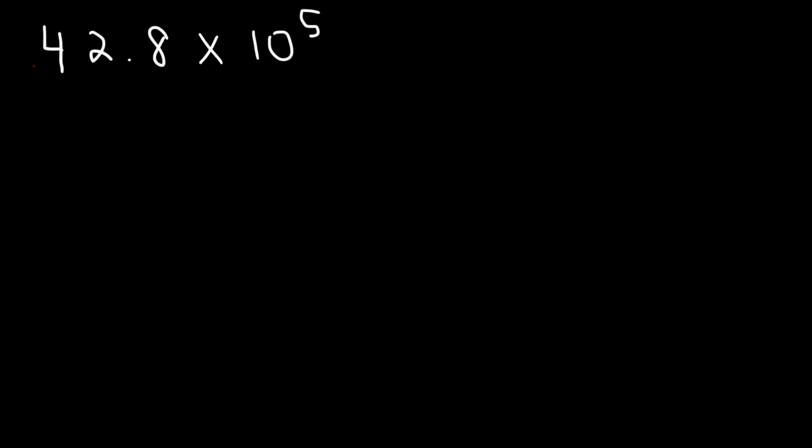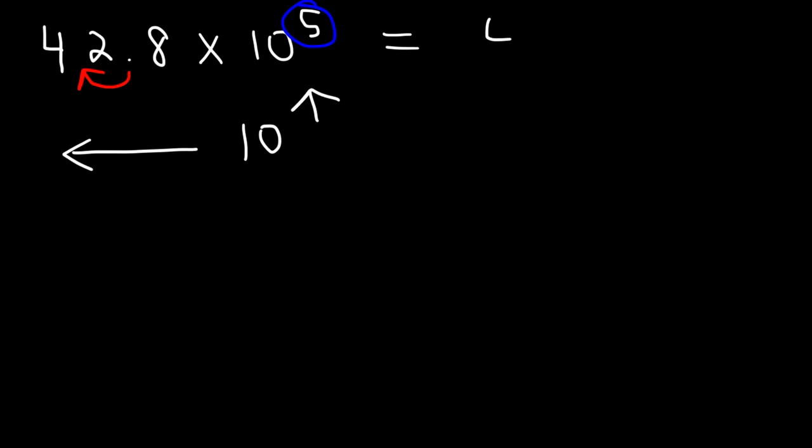The decimal point should be between the first two numbers in order for it to be in proper scientific notation. So if we move the decimal point 1 unit to the left, what's going to happen to the 5? Should we increase it to 6 or decrease it to 4? Anytime you move the decimal point to the left, the exponent will increase. So we should increase it to 6. So this is 4.28 times 10 to the 6.